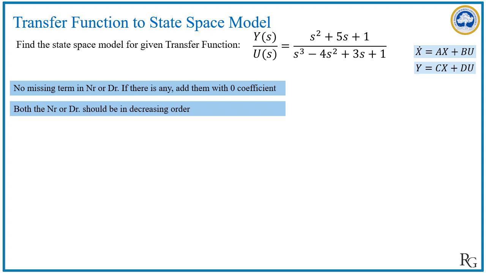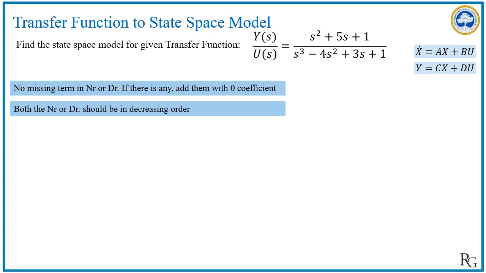So let's say the s square term is not there in the denominator, or maybe in the numerator the s term is not there. We can add that term with a coefficient of 0 and complete the numerator or denominator equation, making sure that there is no missing term. Then both the numerator and denominator should be in decreasing order.